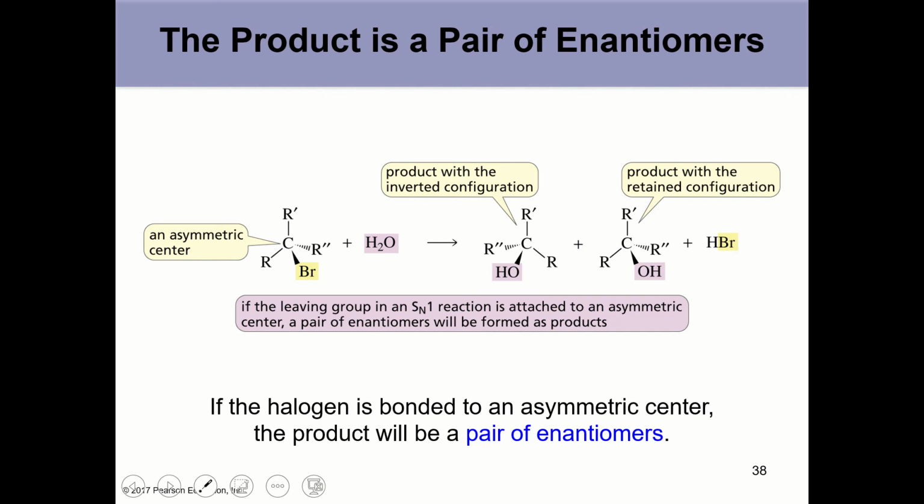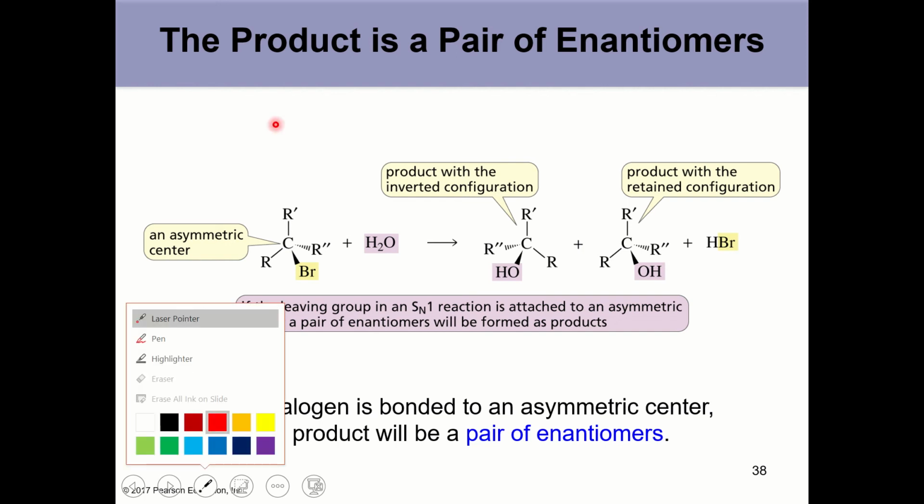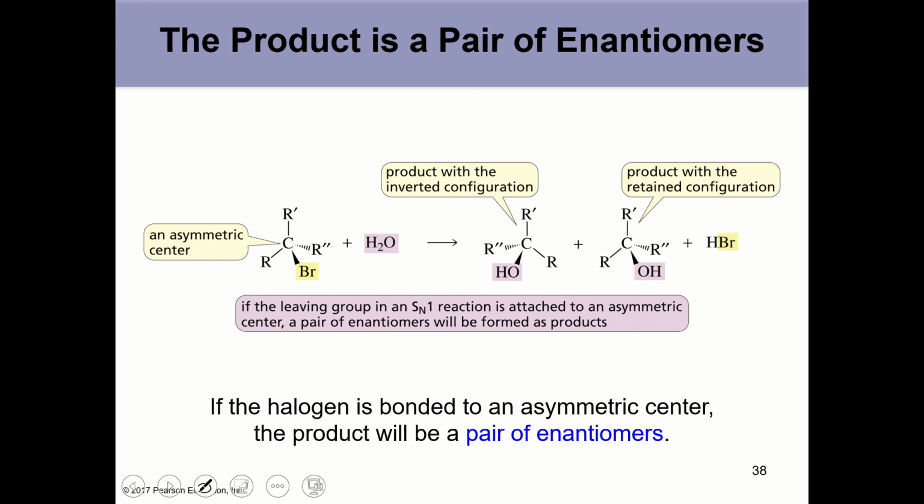And that is because of the intermediate. Pretend that this is trigonal planar geometry here, and imagine that all of these carbon bonds are planar.